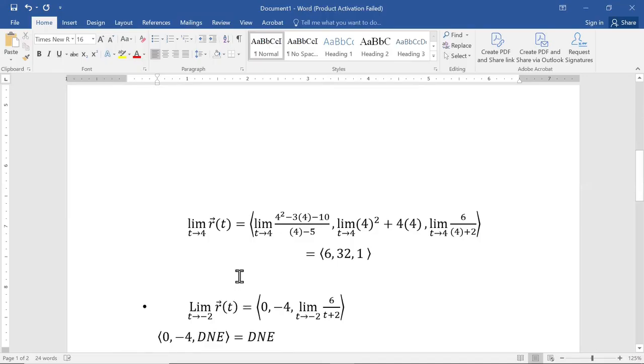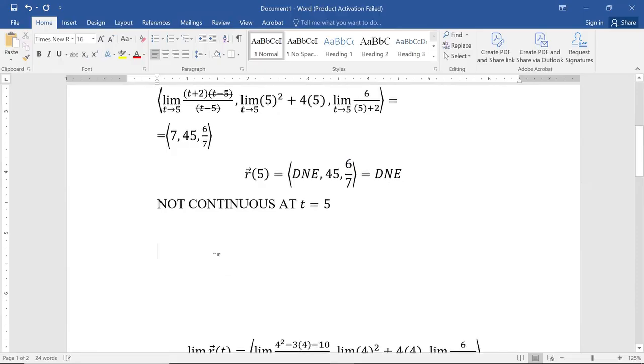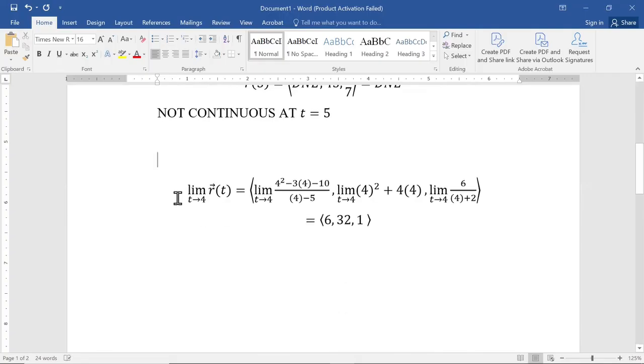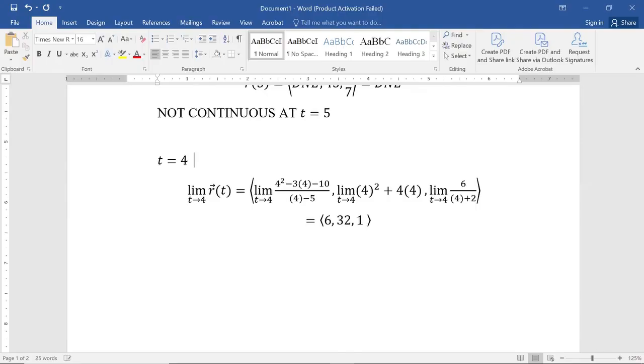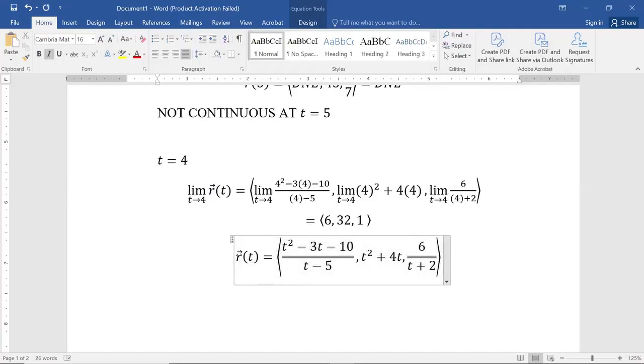Let's check out 4. We're going to deal with a t value of 4. We already found the limit, and so now all we have to do is figure out r of t. What happens when I plug in the number 4?